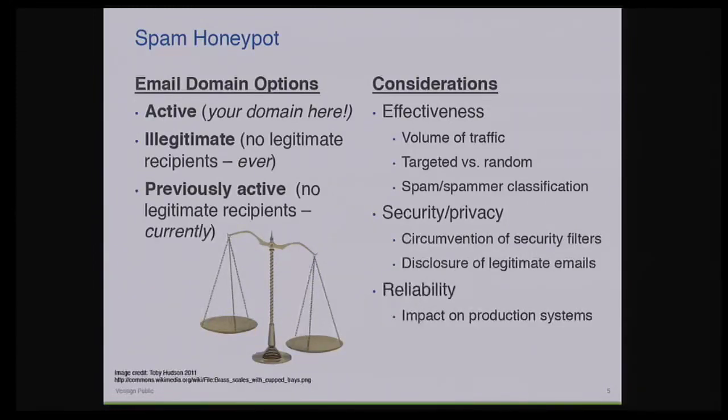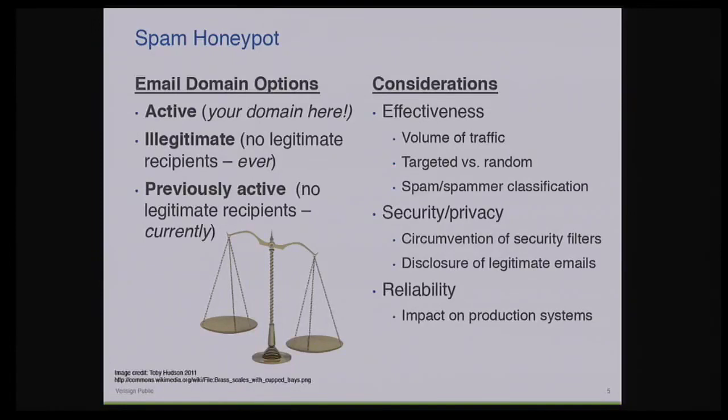In terms of effectiveness, there's the volume of traffic, how much traffic you're going to elicit from would-be spammers. There's the targeted versus random. So there's actually some value in trying to send spam to someplace where there are actual users. And then there's also the idea that you may be able to look at content versus just who the sender is, and I'll come into that a little bit later.